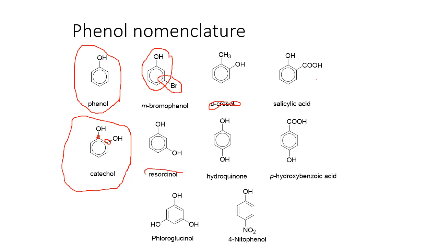طيب الريزورسينول كما راح تسمعوا عنه later on, and this compound is called 3-hydroxyphenol by IUPAC system or by common name resorcinol. Hydroquinone is an important molecule, very important molecule. هنحكي عنه later on.